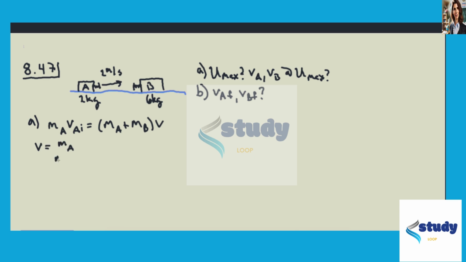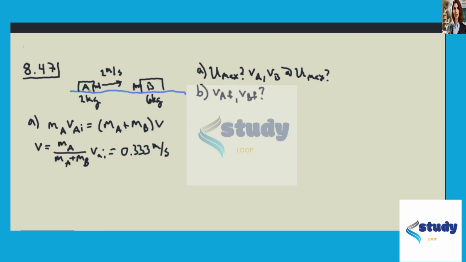Solving that for v, we see that they're moving together at 0.333 meters per second.